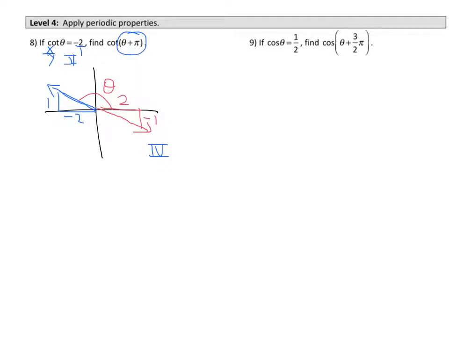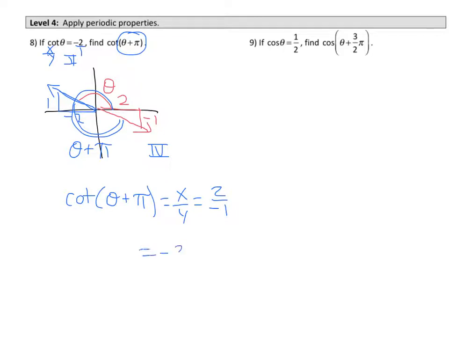So now cotangent of theta plus pi would be x over y, which is 2 over negative 1. That still comes out to negative 2.